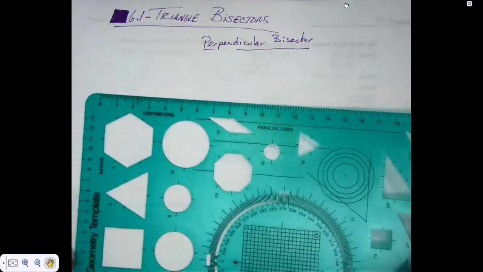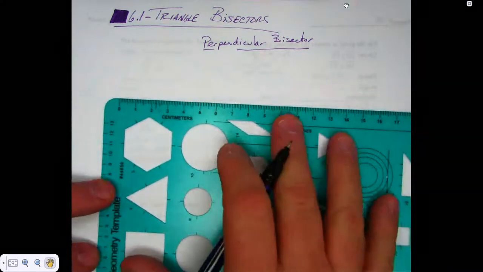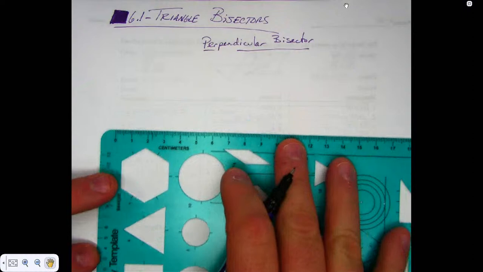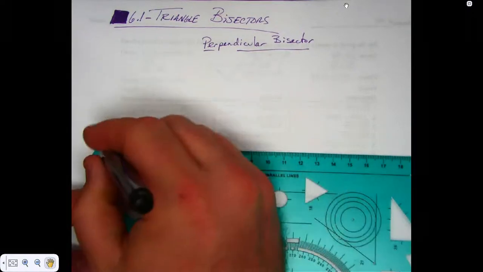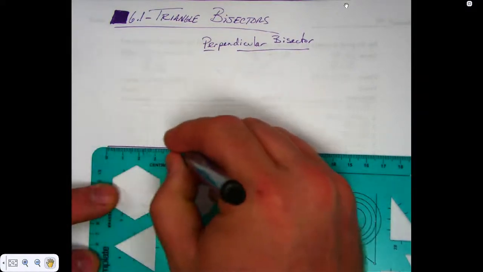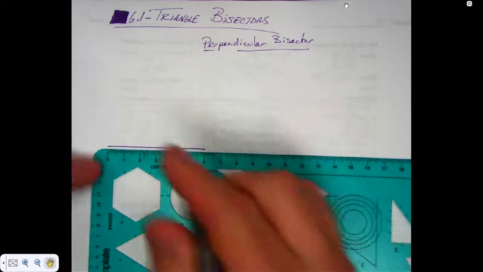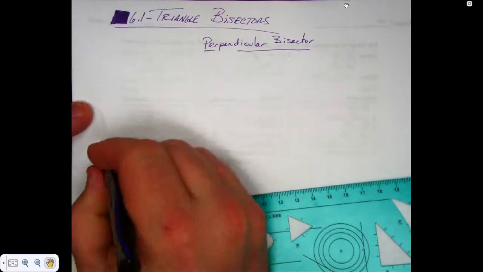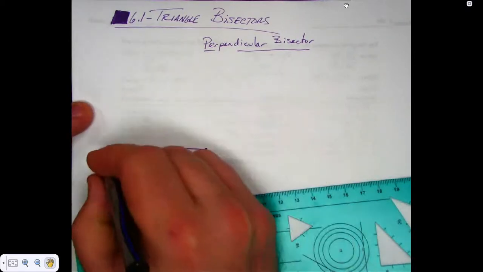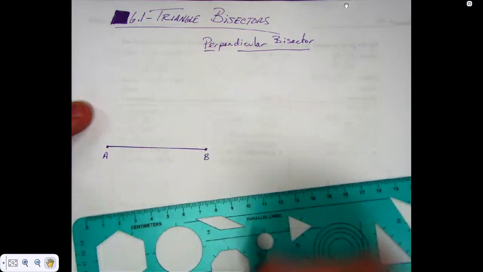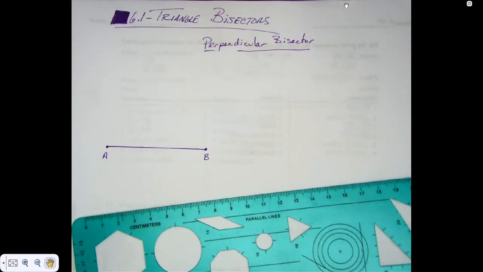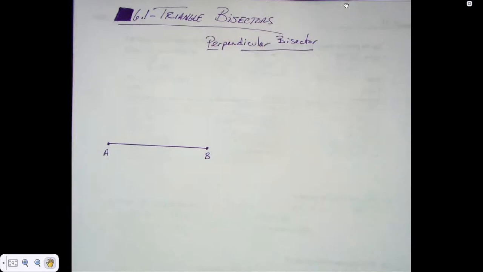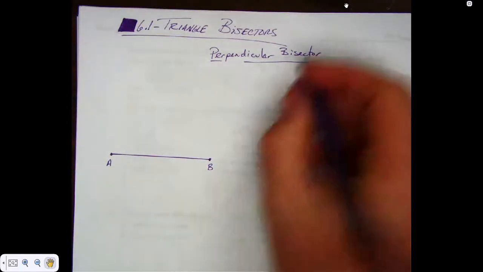Okay? Call this point A, and call this point B. Now, a perpendicular bisector. What do you think happens in a perpendicular bisector?